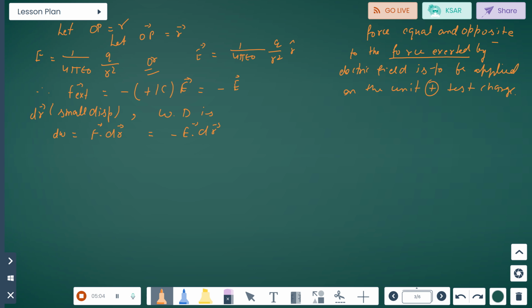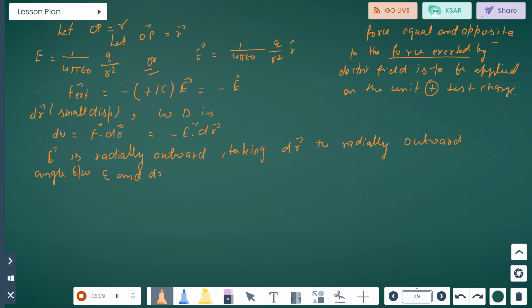Taking dr also to be radially outward, the angle between E and dr becomes 0.